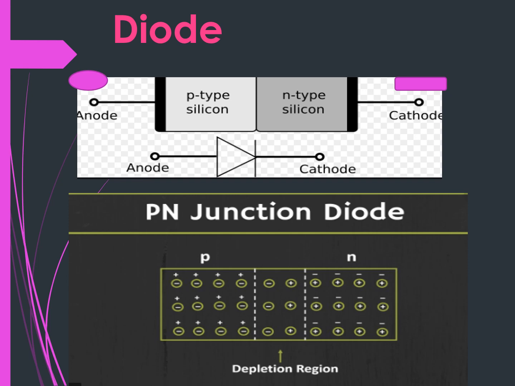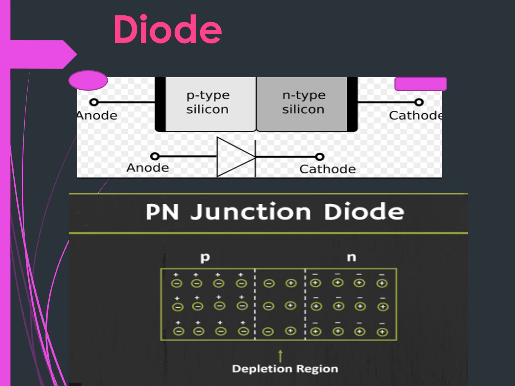Next we'll study the mechanism or working of the PN junction. The working is very simple if you understand the concept. We are studying the working of the PN junction when there is no biasing, meaning the diode is not connected to a battery, neither forward bias nor reverse bias.